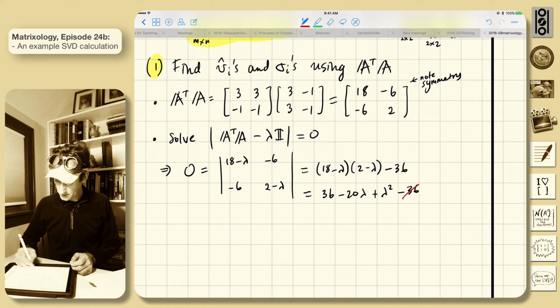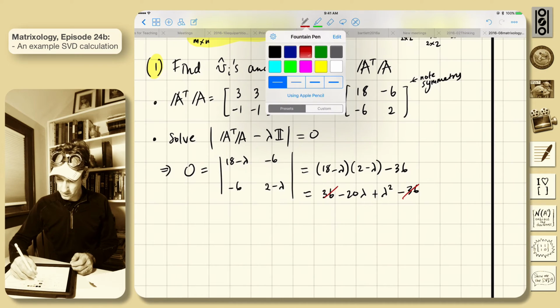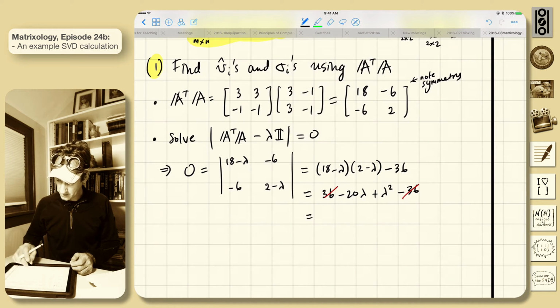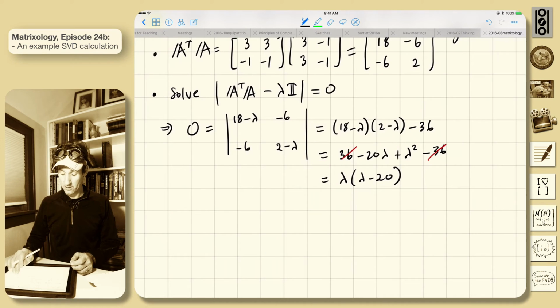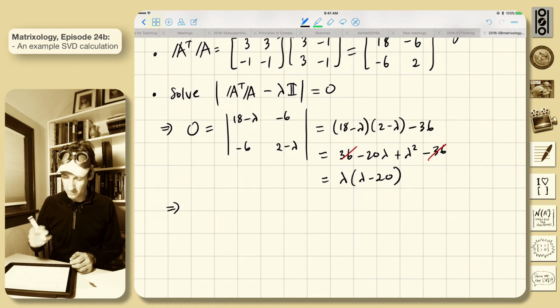How about that? Our not at all contrived example has some nice properties. We're going to end up with lambda times lambda minus 20. So there are two eigenvalues, as expected, and we order them by size. It's pretty clear which one's number 1. Lambda 1 is 20.